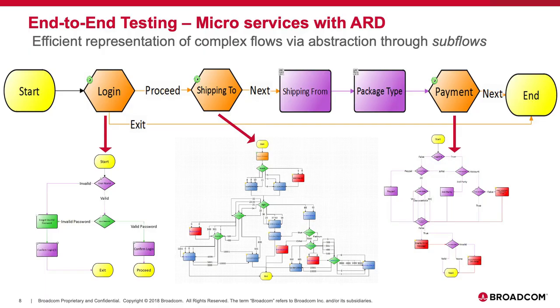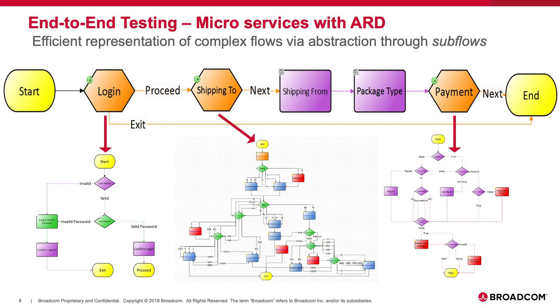End-to-end testing is key from any project perspective, because your project will have several different applications running, different components, and you want to test how well they work together. That is where ARD's parent and child model comes into place, and it will test your end-to-end scenarios. That is what is required in the modern world of testing.